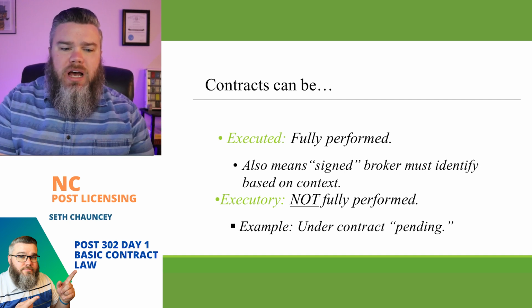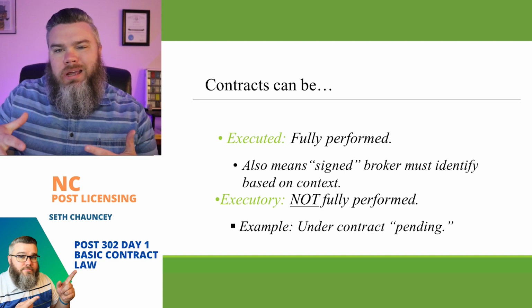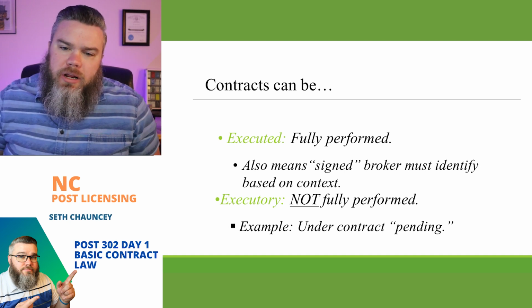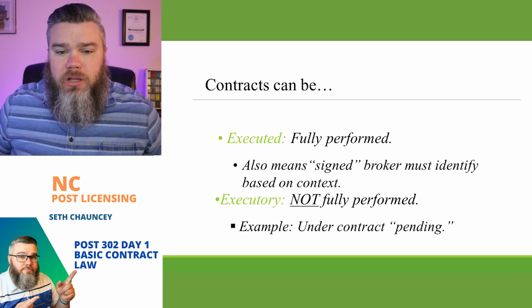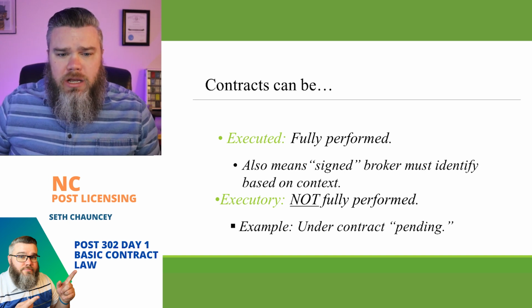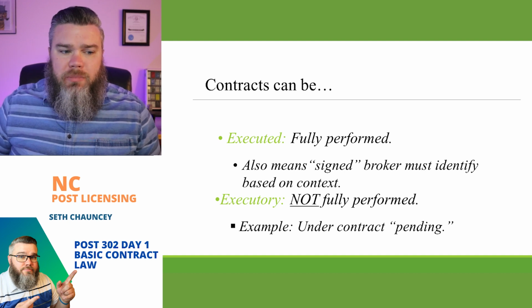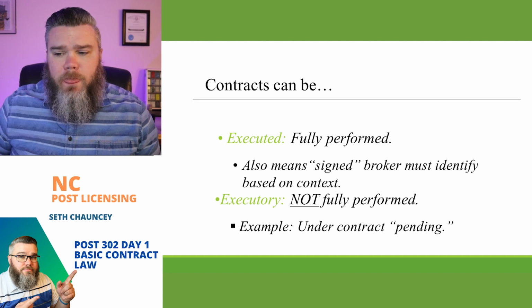To execute means to sign. So if you ever have somebody saying, here's a copy of the fully executed contract, they mean, here's a copy signed by all the parties. It's more appropriately an executory contract, but they're not necessarily incorrect. It's just the context differentiation.